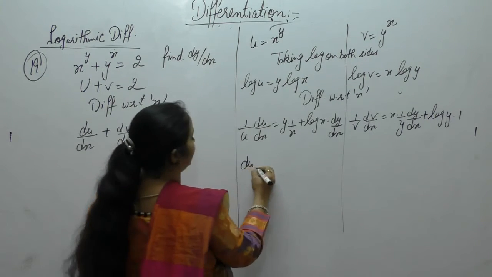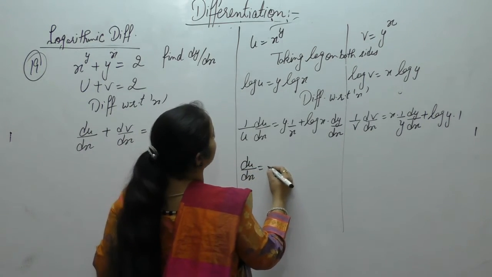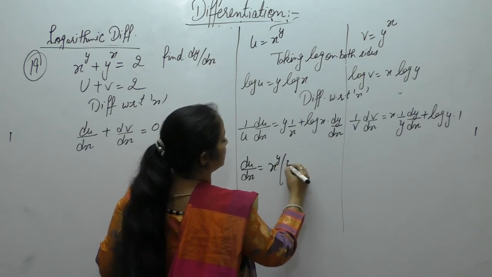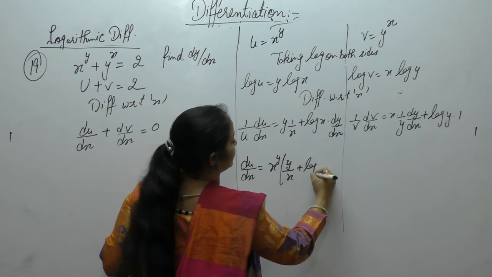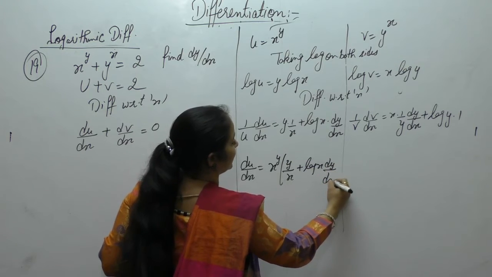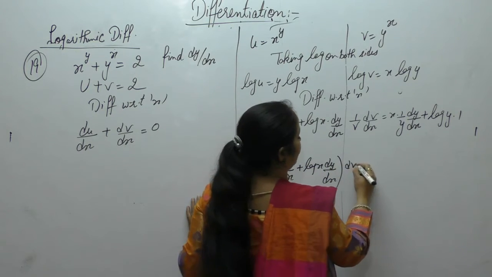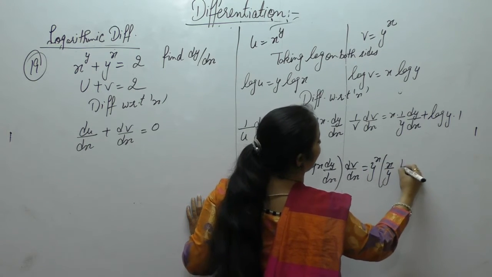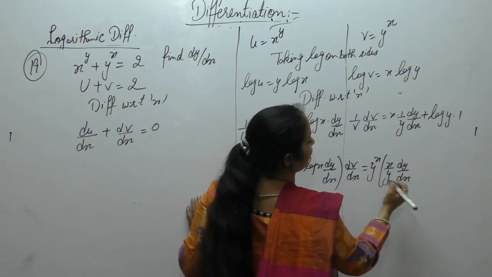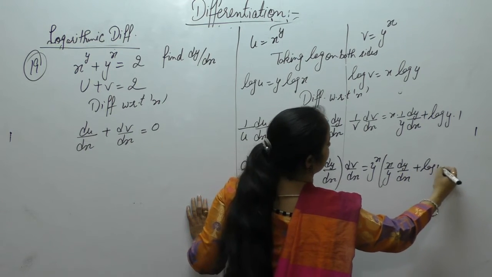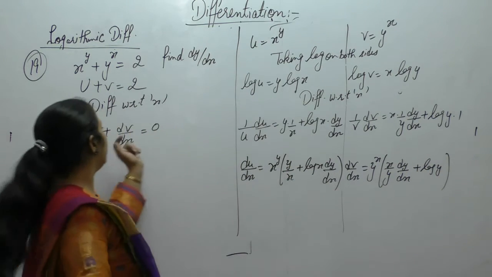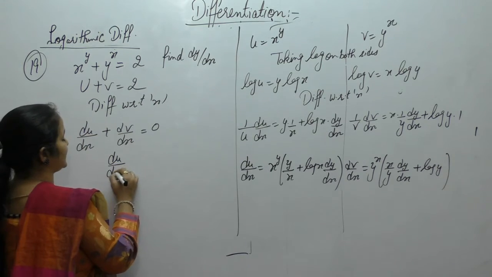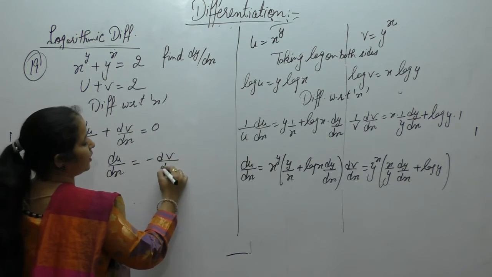From here we get du by dx as value of u, y upon x plus log x dy upon dx. dv upon dx is v, y power x, times x upon y dy upon dx plus log of y. Now from here du upon dx is equal to minus dv upon dx.